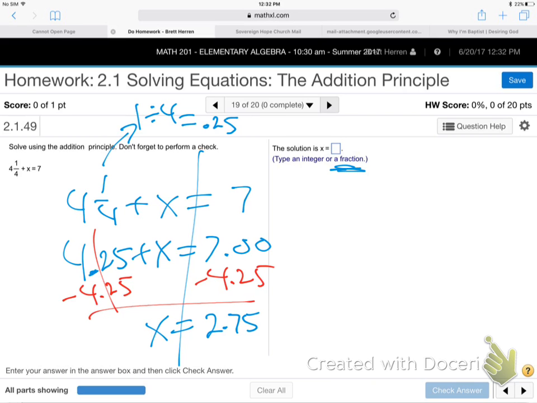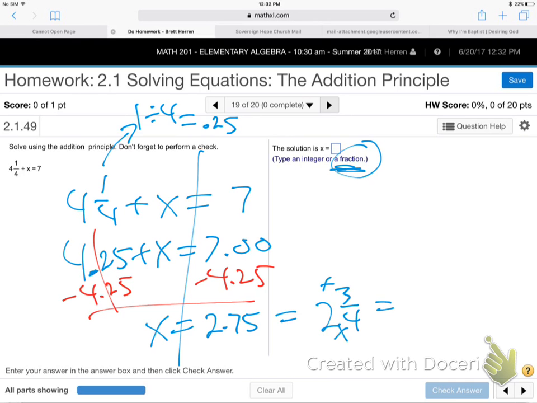Now, we can't leave it in decimal because they want a fraction. So how do you convert that to a fraction? 2.75 is $2 and what part of another dollar? 75 cents is what? 3/4. But we can't leave it that way either. That's an easy conversion from there, isn't it? 75 cents is 3/4 of a dollar. What do you do now to convert it to a normal fraction?